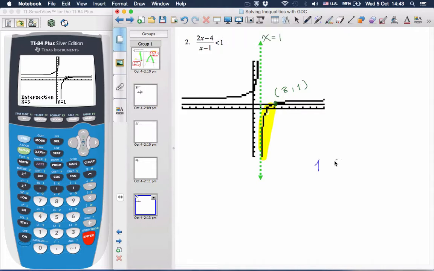From 1 to 3. In this case, neither of those points are included because you want to know when 2x minus 4 over x minus 1 is less than 1. Okay, so at x equals 3, these are actually equal to each other, so that point shouldn't count. And x equals 1 is a vertical asymptote, that shouldn't count anyway. Okay?